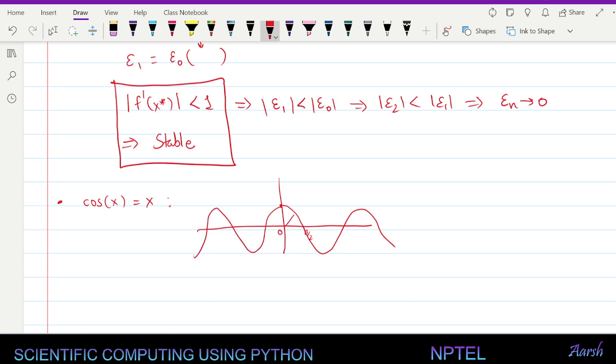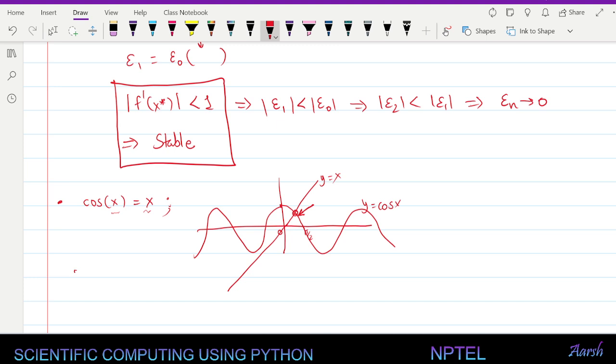And x itself looks something like this. And you can prove that it has only one intersection point, which is the solution. So this is y is equal to x, this is y equal to cosine x. And this point can be found not analytically, and it's actually an irrational number, rather transcendental.